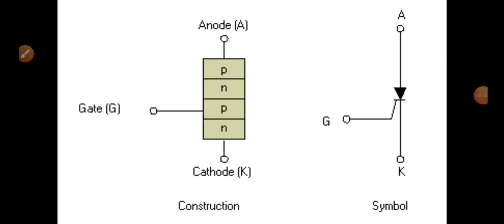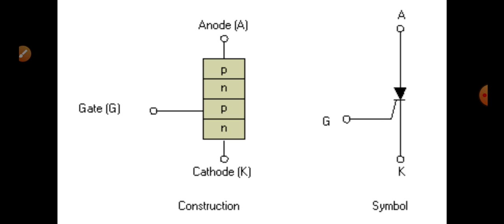Hello students. Today we are discussing a new topic, that is the silicon controlled rectifier, that is SCR. The silicon controlled rectifier is also an electronic device. Normally this is called a thyristor.